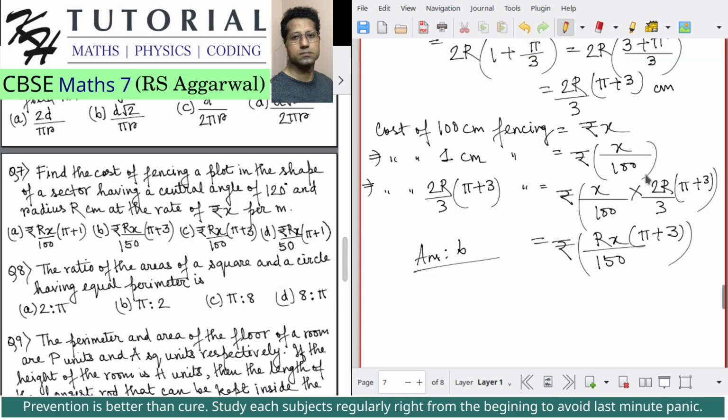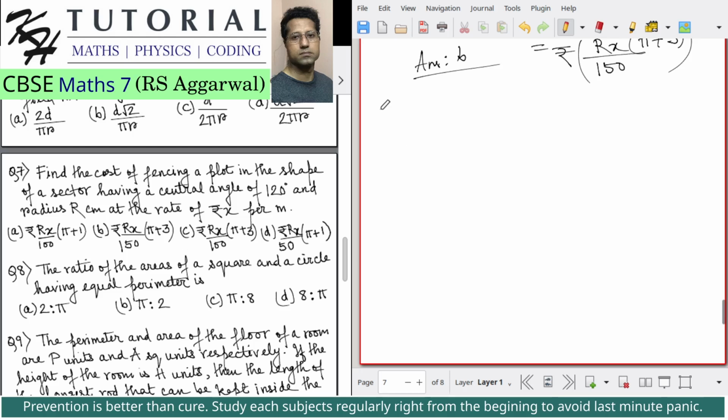Okay, let's do question number 8. The ratio of the areas of a square and a circle having equal perimeter is... Let's say the length of each side of the square is X, and we have a circle. Let's say the radius of the circle is small r.